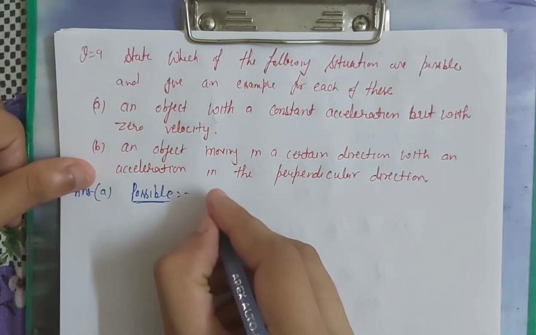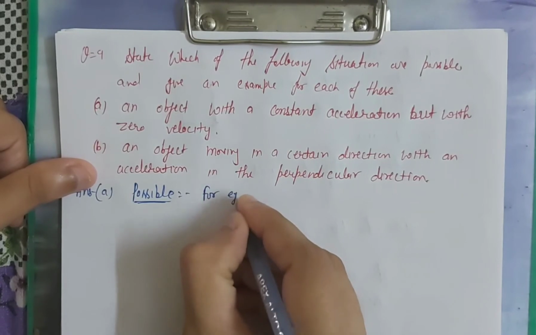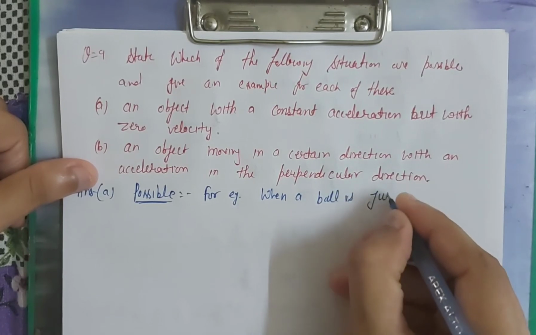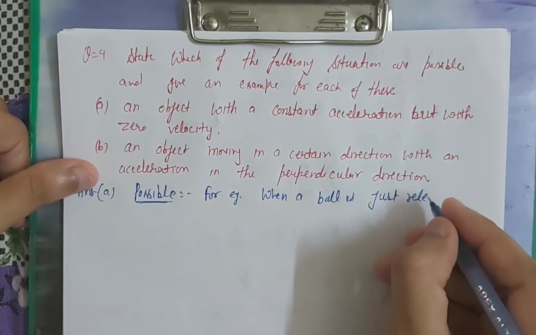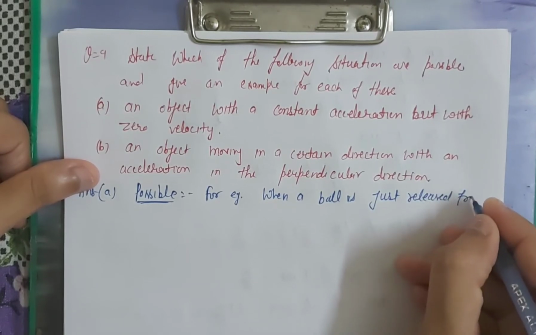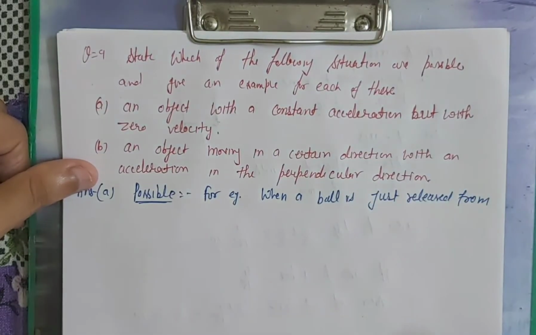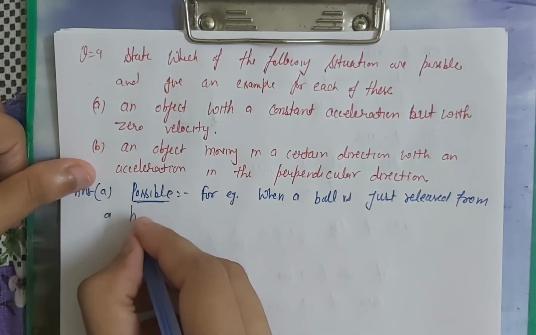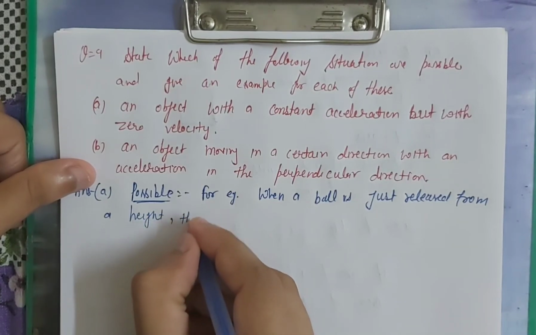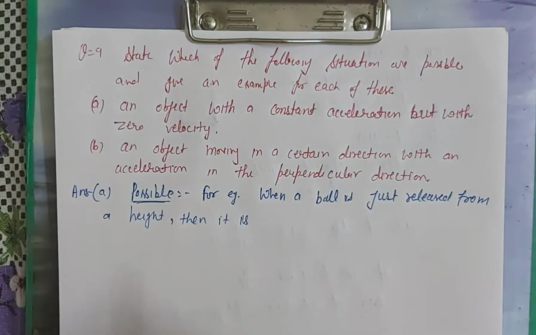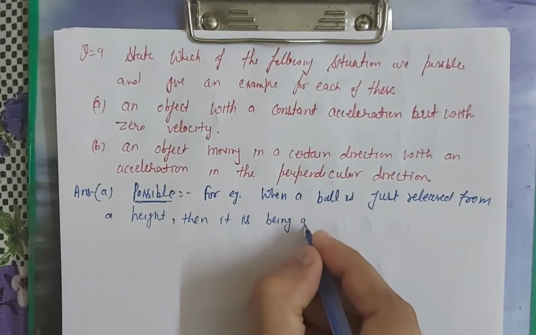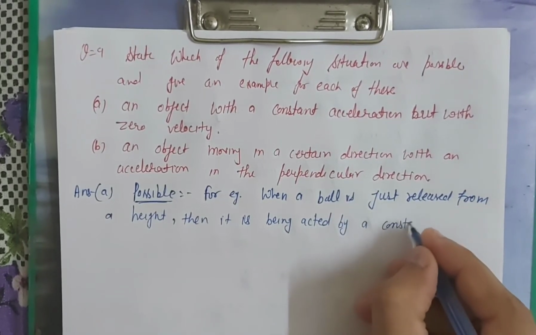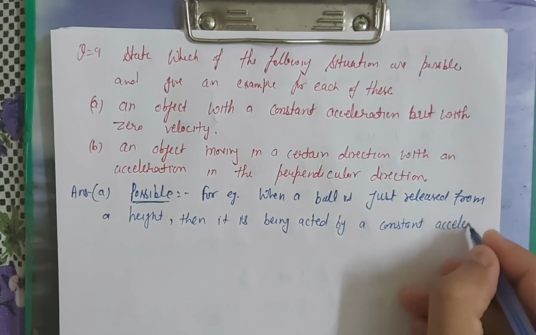For example, when a ball is just released from a certain height, then it is being acted on by a constant acceleration.